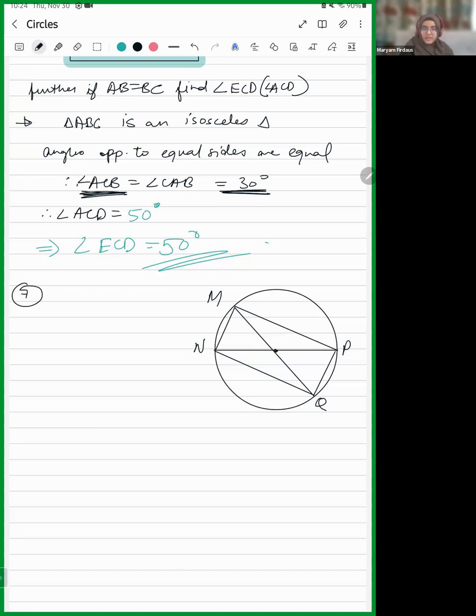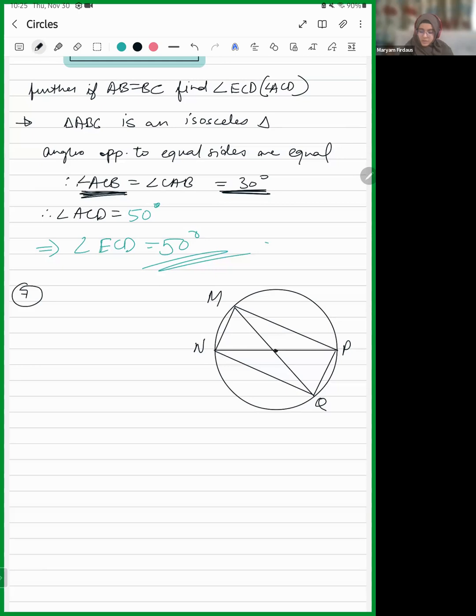Okay, so they are saying that the diagonals pass through the diameter. Now we know one thing about the diameter, that the diameter subtends an angle of 90 degrees.